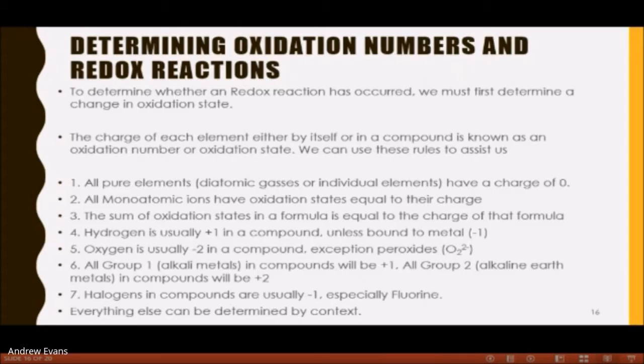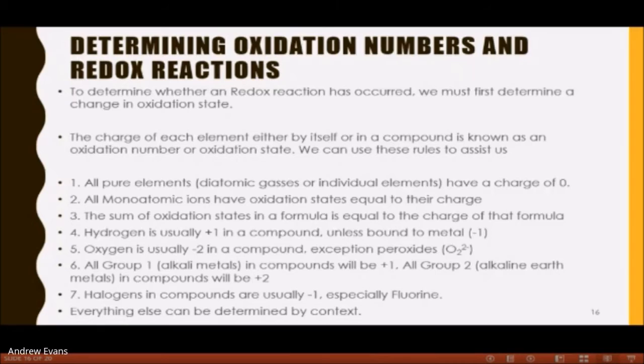But rule one is a no-duh one. Don't forget this one. A pure element or a diatomic gas made up of just one element is always zero. So if I just said N2, the charge of nitrogen is zero. If I said copper solid, the charge of copper is zero.